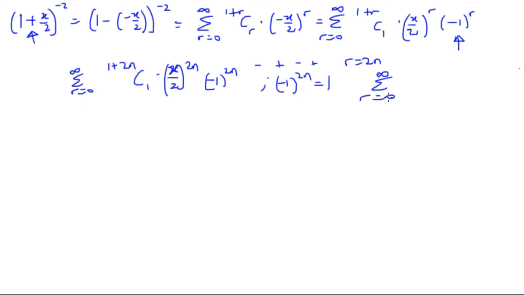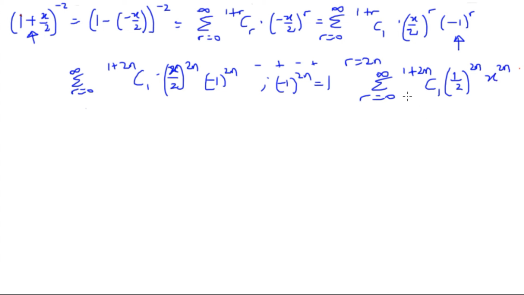The sum from r equal to 0 to infinity of 1 plus 2n combination 1 upon 2 raised to power 2n, then x raised to power 2n.